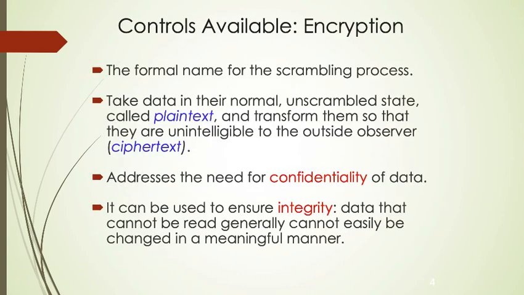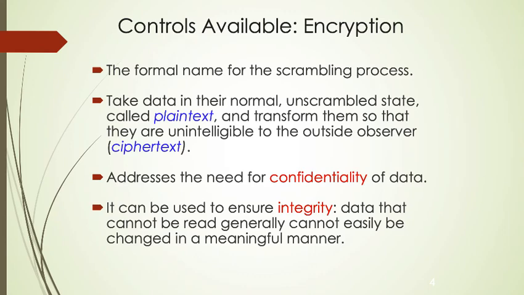But we're going to focus on encryption, which is the formal name for scrambling process. In its simplest explanation, it takes plain text data and transforms it into something called ciphertext that can't be read by an outsider, or at least can't be understood by an outsider.